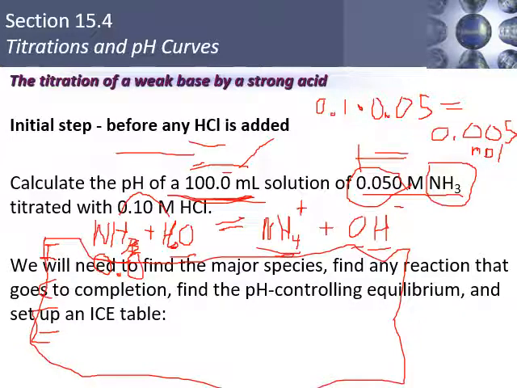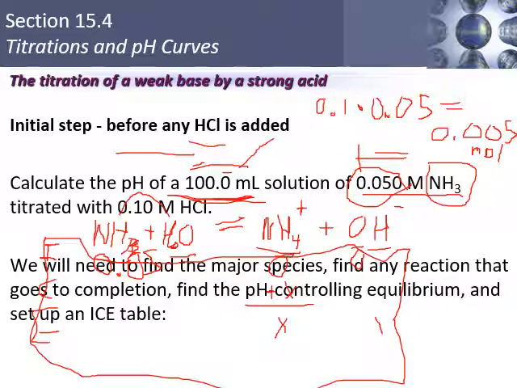Right? Skip H2O, and then this is going to be 0 and 0. And then this is going to be plus X. I'm not going to write this all out, but this would be plus X here, and so would the OH minus. Everything I'm writing for NH4 plus will be the same for the OH minus, so we'll have X here and X here.